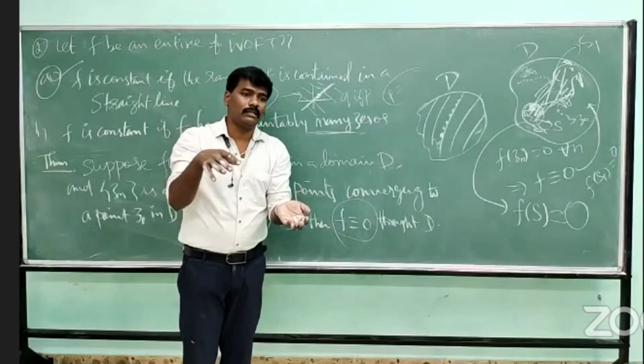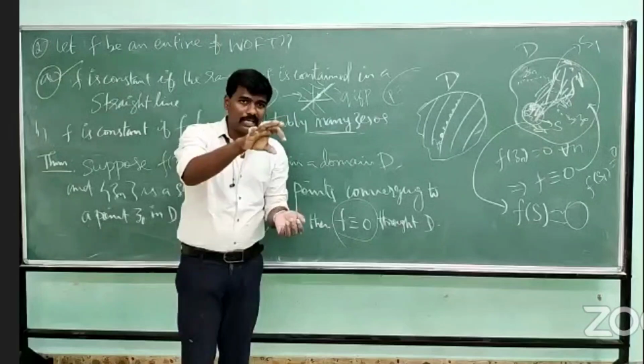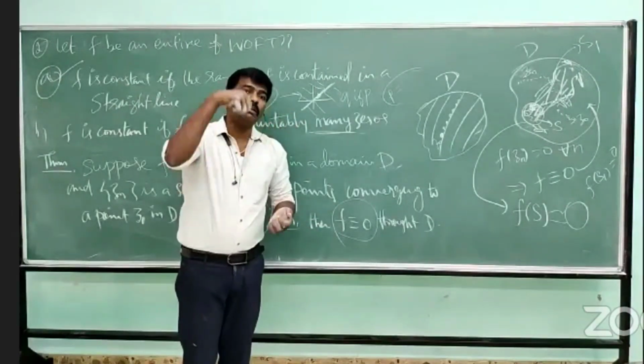F is analytic in a domain D. F has a zero set, which means any point in D that is a root of f.